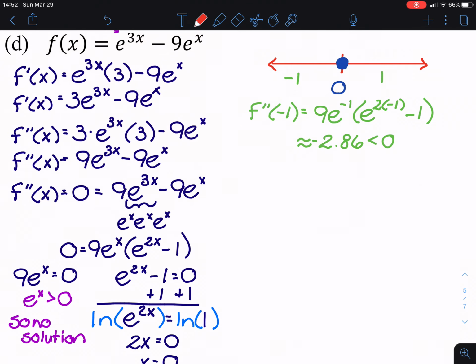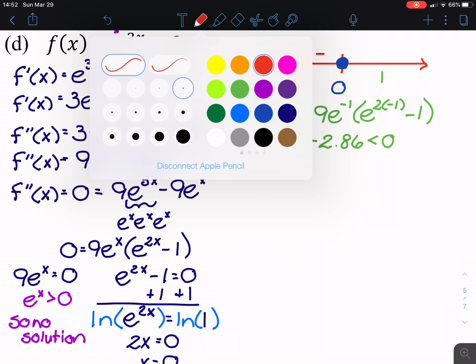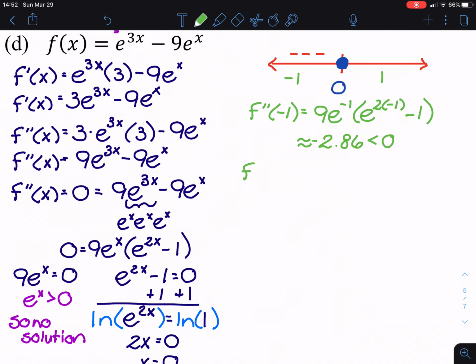So I know that to the left, my second derivative is negative. Now, if I put 1 into my second derivative, I have 9e to the first power times e to the 2 times 1 minus 1.